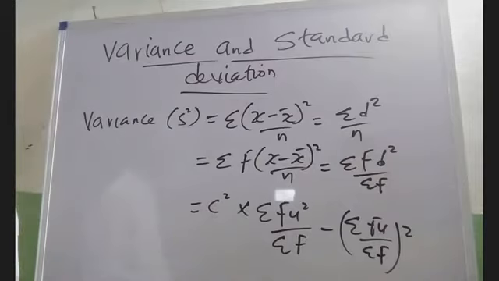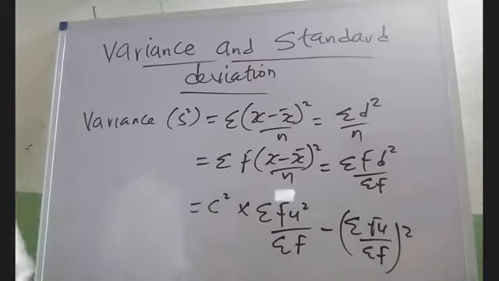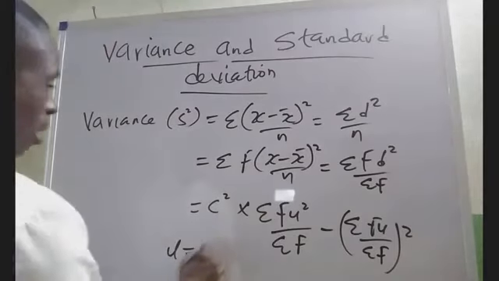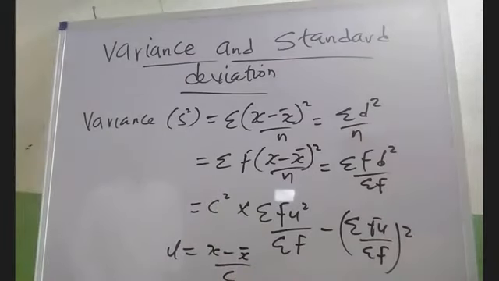As we take questions, we'll be able to illustrate the meaning of some of these terms. C, what is c? C is called the class interval. Then your u is given as x minus x bar over c.